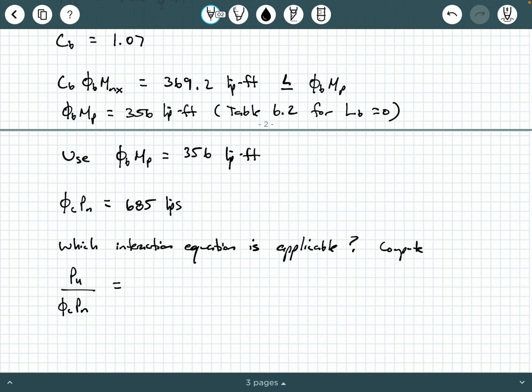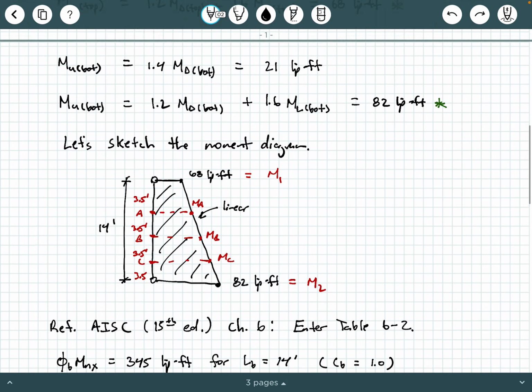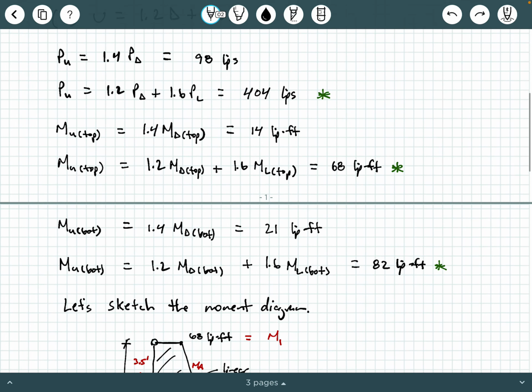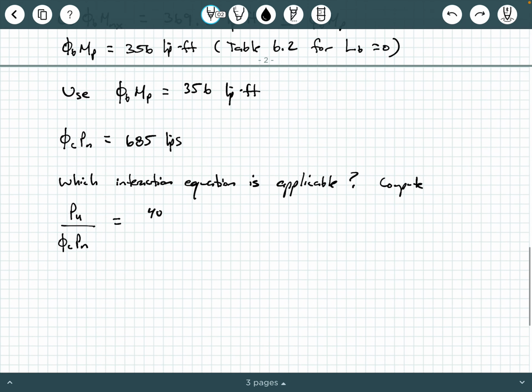So let's do that. Our PU value, if we scroll on up, what was PU? Already forgot it. It's all the way at the top. 404 kips, okay? So that's 404 kips divided by that strength, 685 kips, and that's 0.59, which is clearly bigger than 0.2.